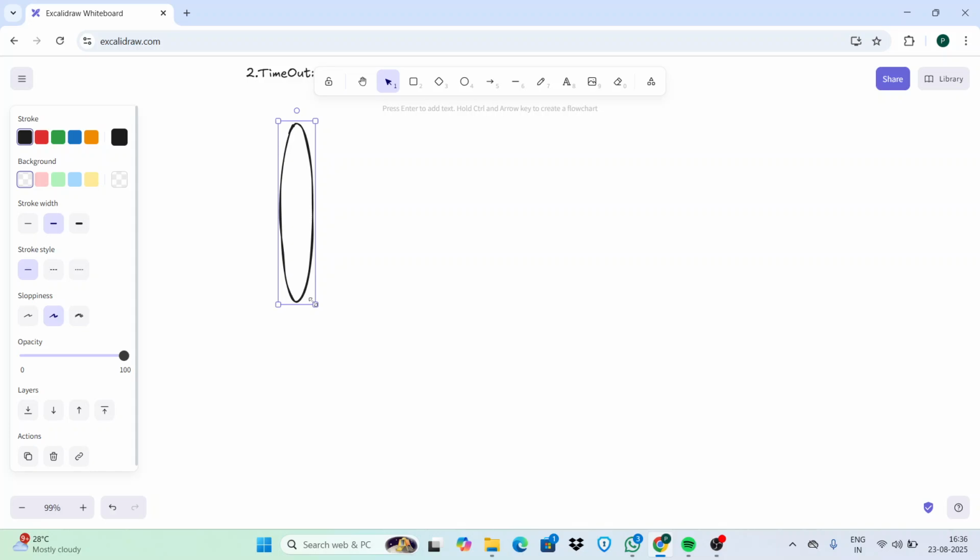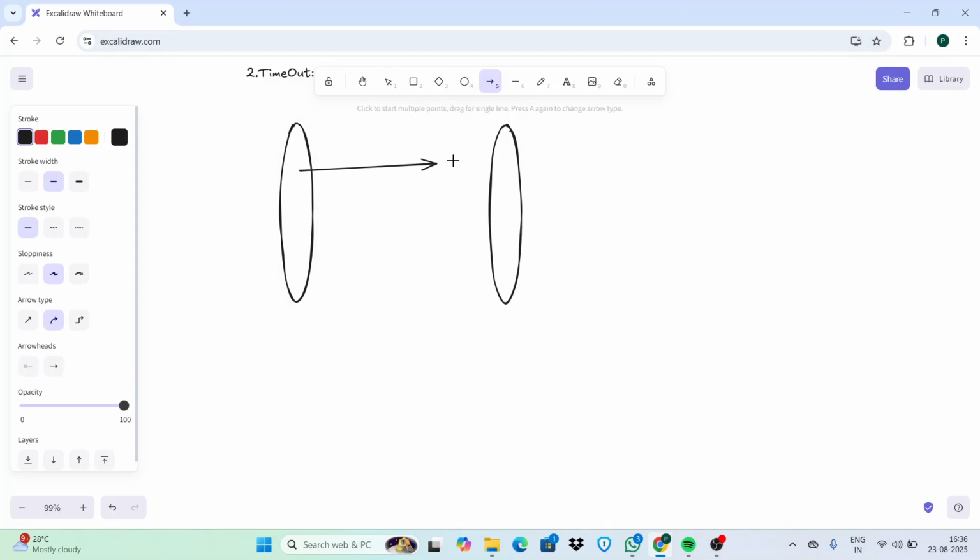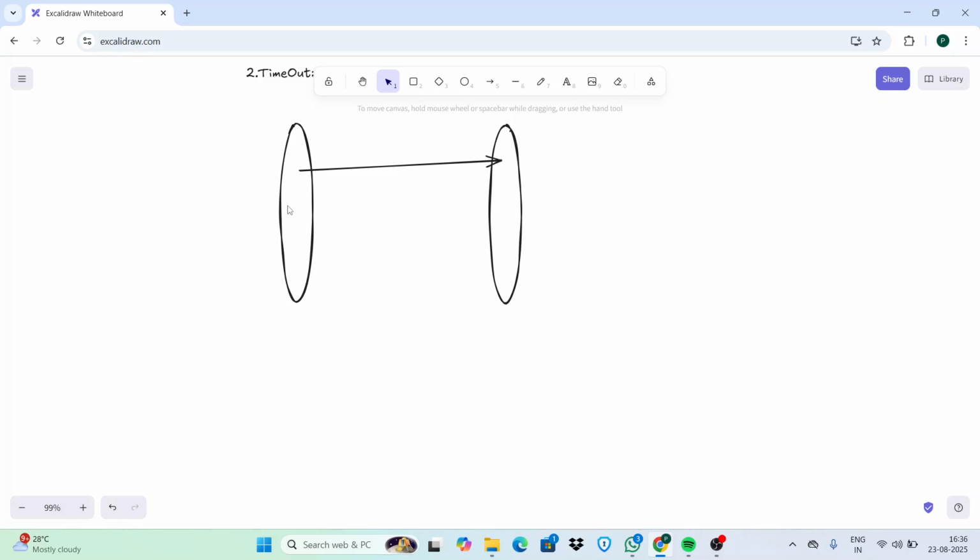This is M1, this is M2. M1 is calling M2, but M1 is not getting any response from M2. So it waits for some time, and after that time lapses, it declares it as a failure.